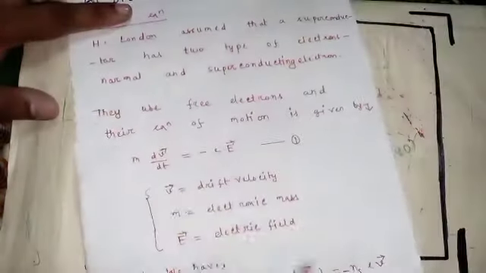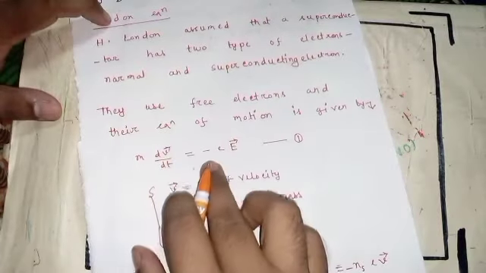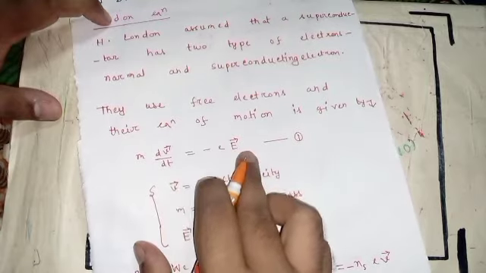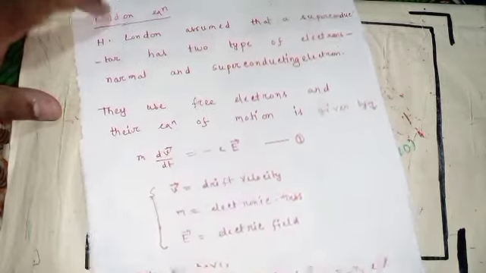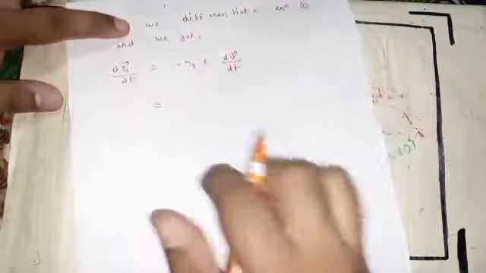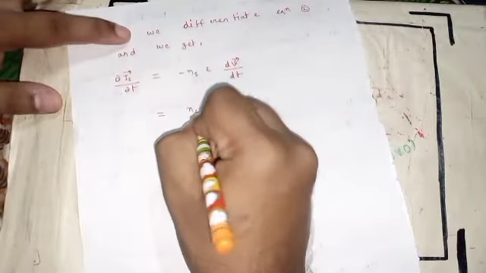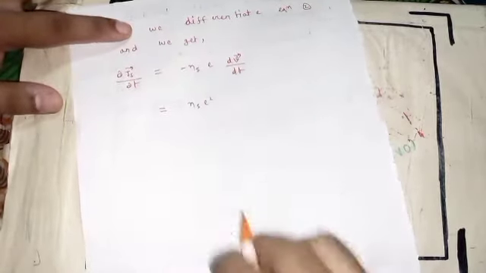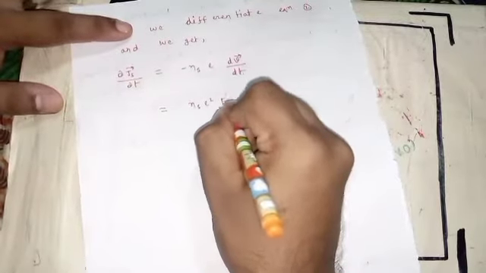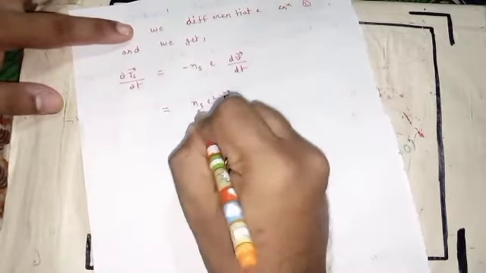Here dv vector by dt is equals to minus e E vector divided by m. So minus minus will be plus, and this will be Ns e square E vector by m.